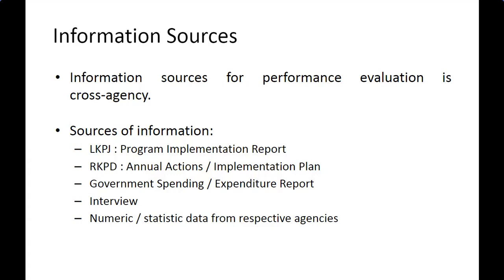Then the sources of information are also various. We can get the information about the progress of developments from the program implementation report, for example, then the annual action or implementation plan. And we can also get the information from the government spending or expenditure report. Sometimes we interview people that work in agencies that are responsible for spatial plan and infrastructure.